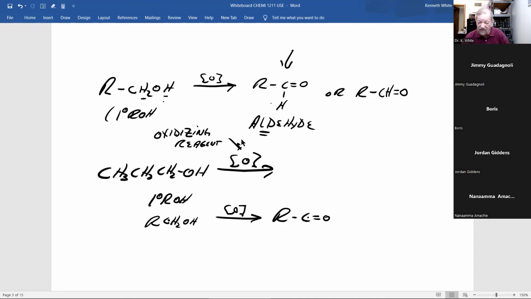Since there's 4 bonds to carbon, I need a hydrogen there. So what's my R group? These carbons. This is the carbon with the hydroxyl group. Do you break carbon-carbon single bonds? No. So I have 2 carbons. Then this carbon right here will be double bonded to oxygen with a hydrogen. And I know there are 4 bonds to carbon. And that's an aldehyde you just made.